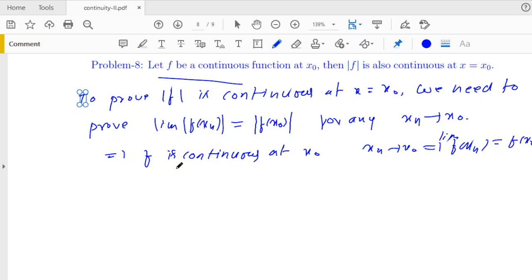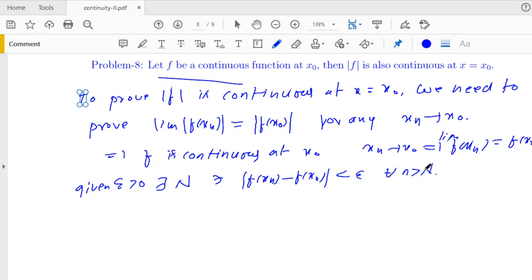Therefore, by definition, f of xn converging to f of x naught means for any given epsilon greater than 0, there exists a natural number N such that mod of f of xn minus f of x naught is less than epsilon for all n greater than or equal to N. Assume this is equation number 1.